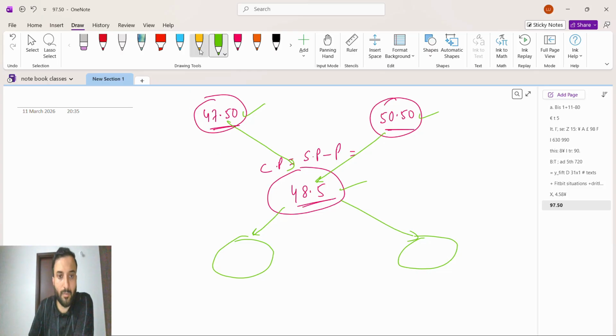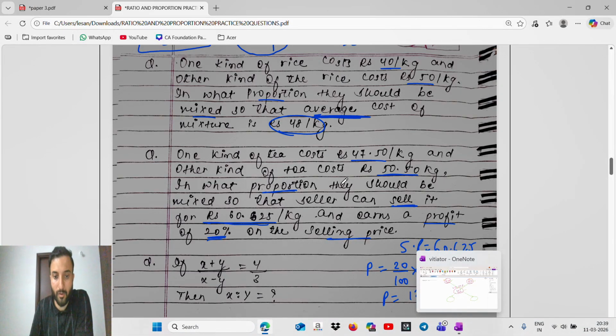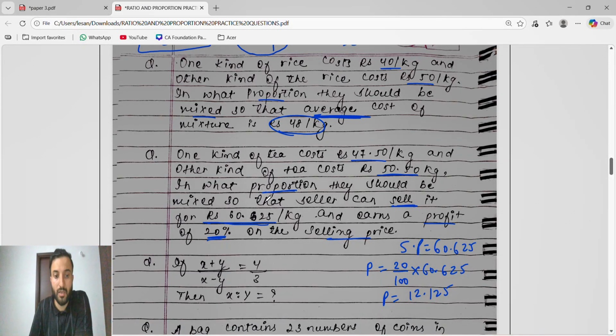Another type is: they will give the cost price of one kind and the cost price of the other kind, but they will not give the average cost price. Here they will give the selling price and profit. See, here they will say so that the seller can sell.